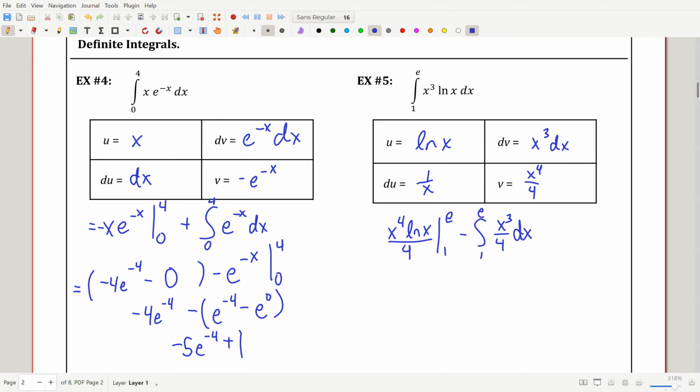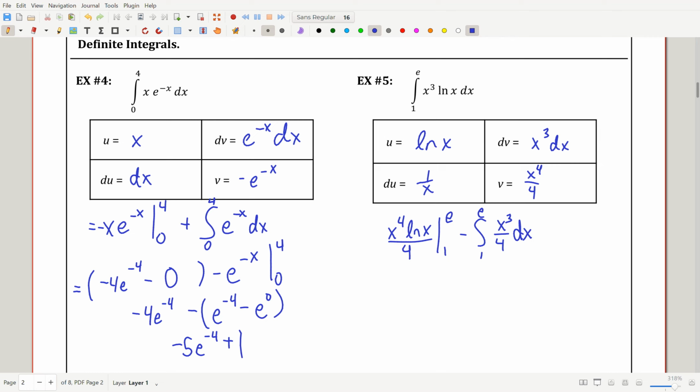It's not a number unless it has the limits. All right. Same process, not too bad. X to the 4th over 4 v du, because I multiplied by 1 over x. Yeah, I could have written it out, but I just said it.